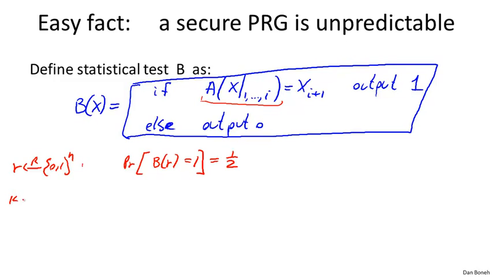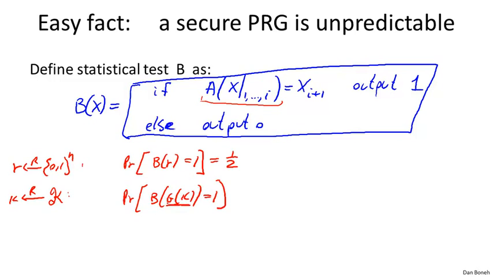On the other hand, let's look at what happens when we give our statistical test a pseudo-random sequence. Now we're going to run the statistical test on the output of the generator, and we ask how likely it is to output 1? Well, by definition of A, we know that when we give it the first i bits of the output of the generator, it's able to predict the next bit with probability 1/2 plus epsilon.